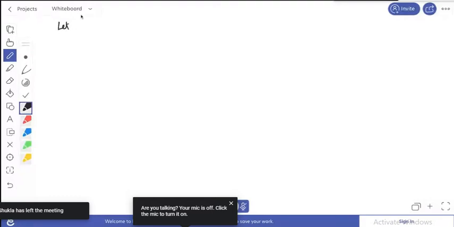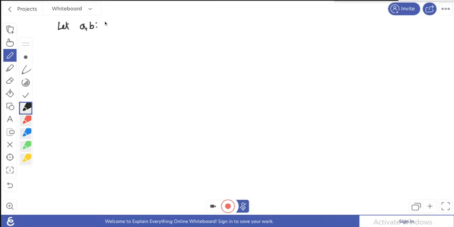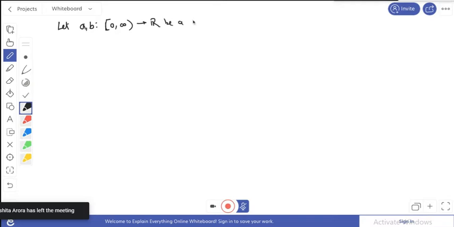So suppose a and b are continuous functions which are defined on 0 to infinity to R, and this is continuous functions.